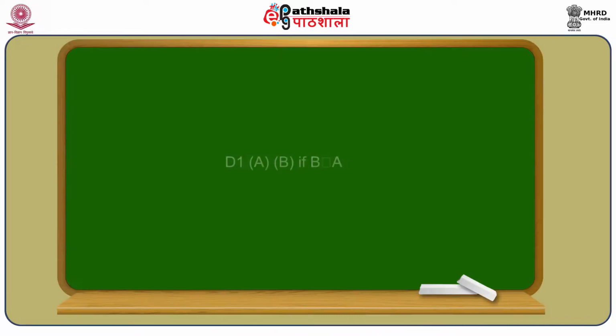Let's say we take a look at example 16. D1 A's or B's if and only if B is a subset of A. So this is in some ways the opposite of every, right? Every A's or B's is true if and only if A is a subset of B. This one says D1 A's or B's if and only if B is a subset of A.